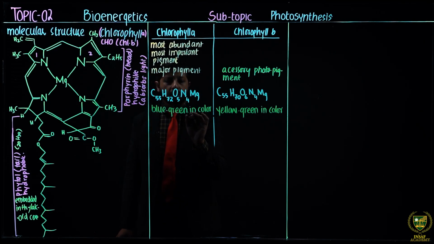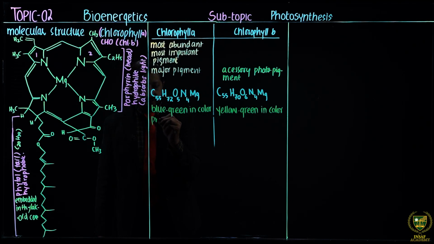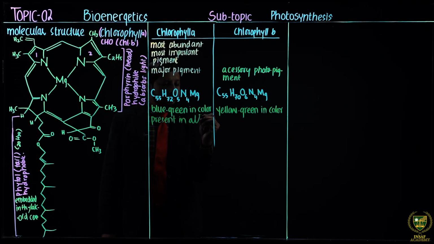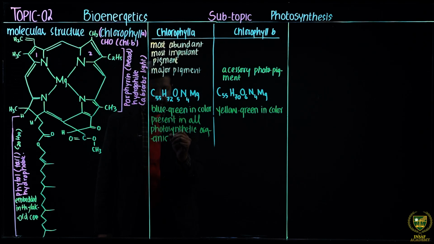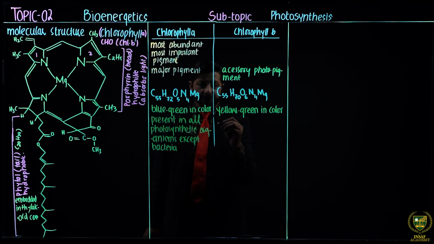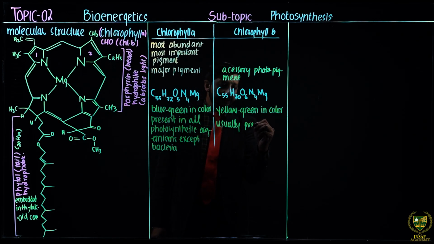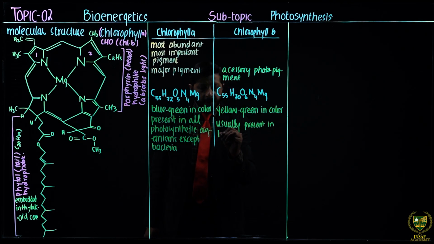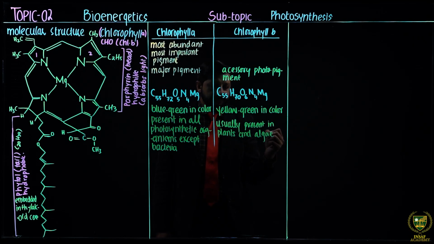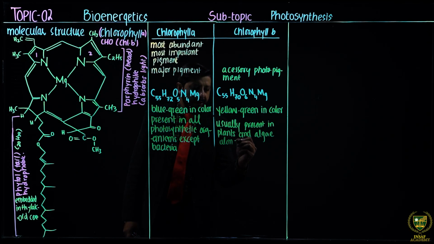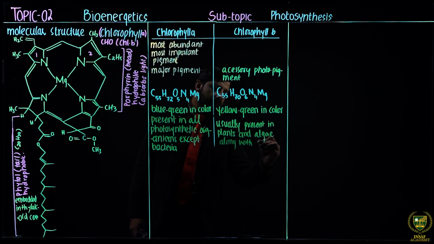Here, chlorophyll A is present in all photosynthetic organisms except bacteria. Remember this exception. While chlorophyll B is usually present in plants and algae. Clear? Along with chlorophyll A.